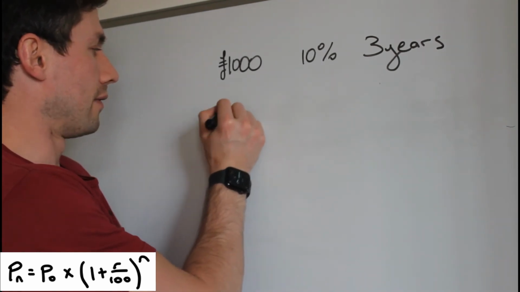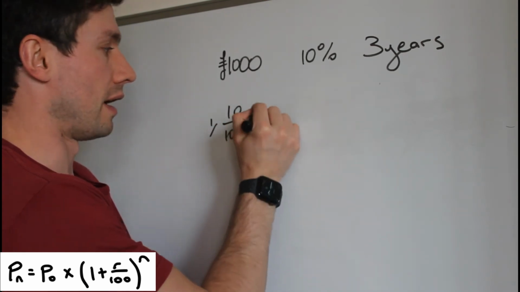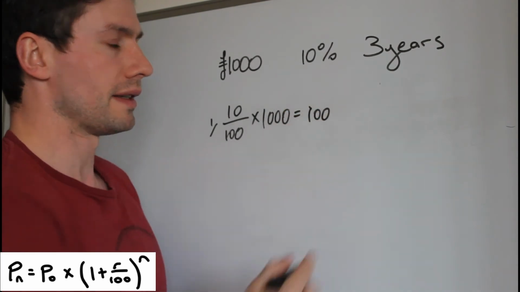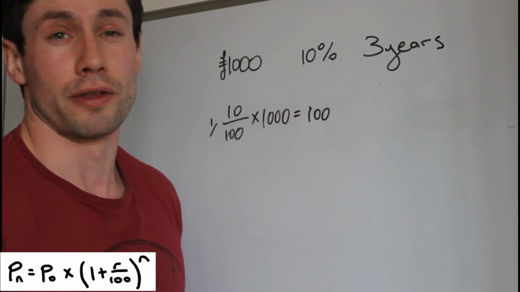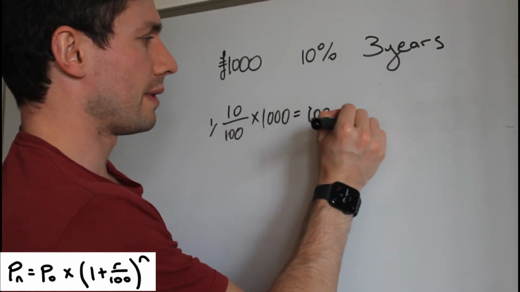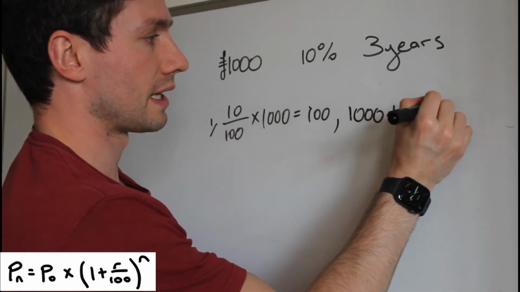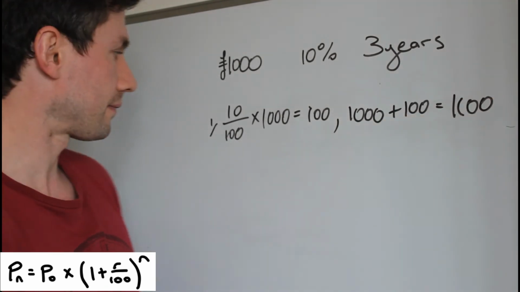In the slow method, we would take 10% of £1,000, which is 10 over 100, times 1,000, which equals 100. This is how much money the account gets over the course of the first year. We would then take that 100 and add it to the 1,000 to give us £1,100 at the end of our first year.